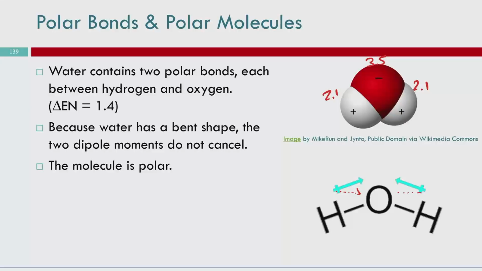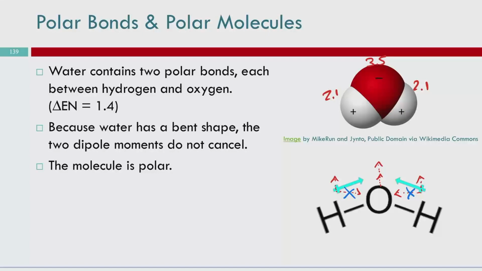So if we have a physics moment here and we separate these arrows into their vertical and horizontal components, the horizontal components cancel, the vertical components add up.